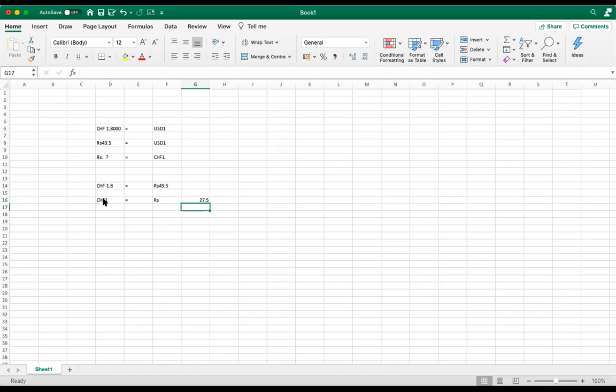So it is going to be rupees 27.5. Are you following this, all of you? Are you all following this?